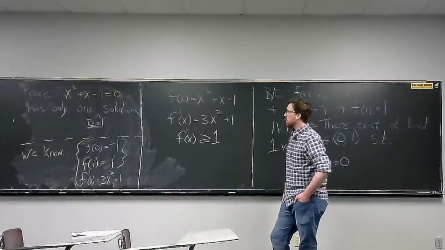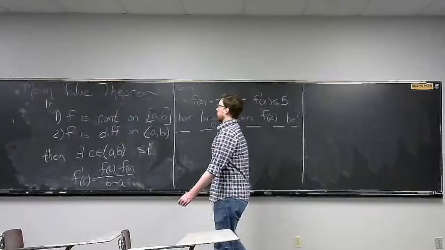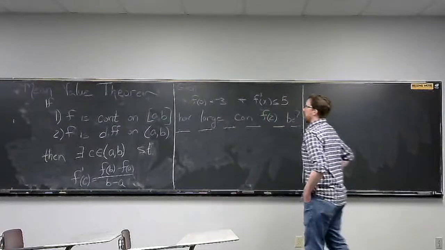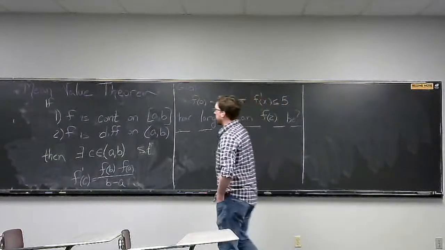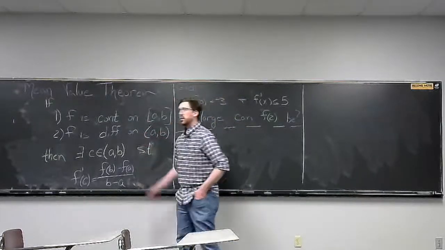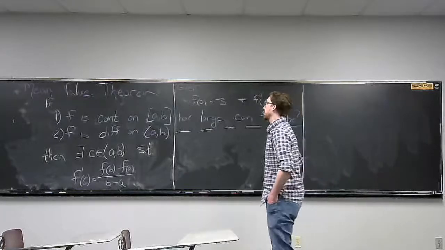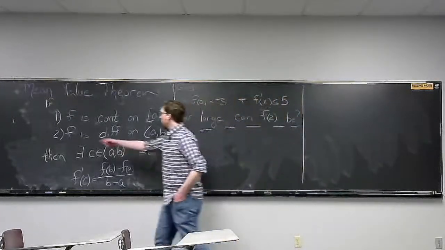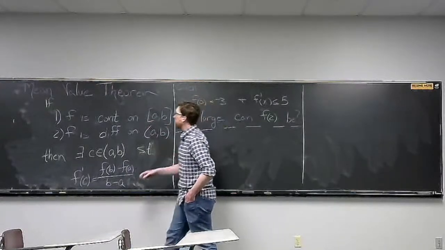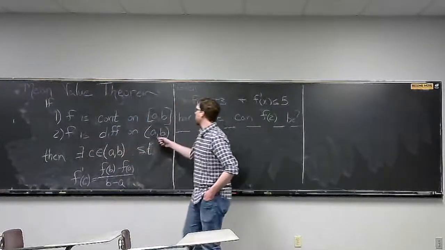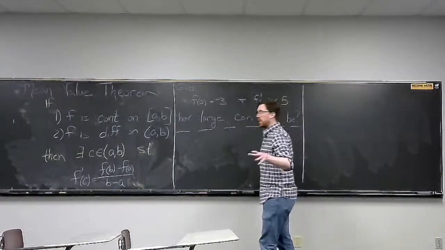That said, let's get on with the next theorem, which I believe is the mean value theorem. So this next theorem is called the mean value theorem. And it really only has two conditions, the same exact two conditions that were in the first two conditions of Rolle's theorem. That is to say that if f is continuous on a closed interval from a to b, and f is differentiable on an open interval from a to b, those are your only two conditions here.